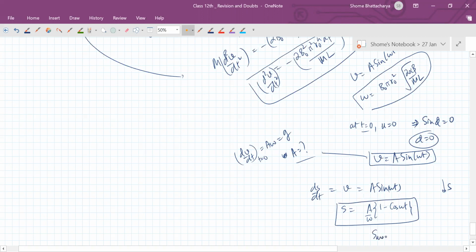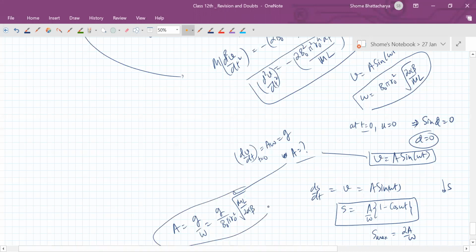So the maximum displacement it will undergo is 2 times a by omega, where a you have calculated: a is equal to g by omega. So these kind of terms and all.